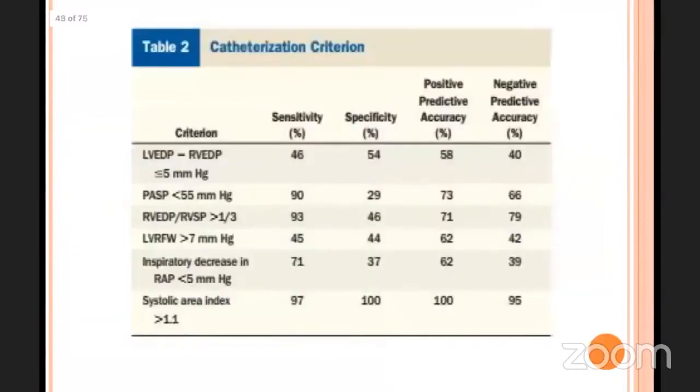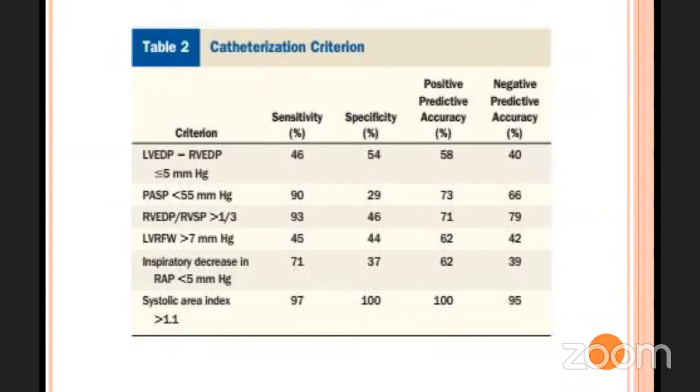Now, if you take all the signs here, all the hemodynamic evaluations by invasive methods, what we call catheterization data, if you see the last one, systolic area index more than 1.1, the sensitivity is 97%, specificity is 100%, positive predictive accuracy is 100%, negative predictive accuracy is 95%.